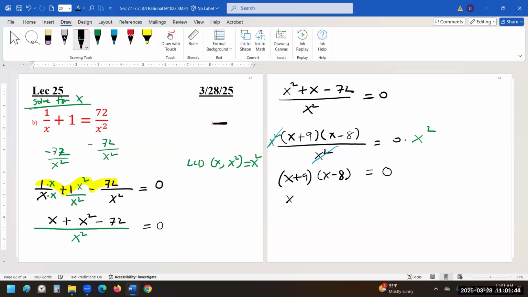We set each of them to be 0 because their product only can be 0 if the first one is 0 or the second one is 0. Either one of them must be 0. So we subtract 9, add 8. That gives us x is negative 9 and x is positive 8.